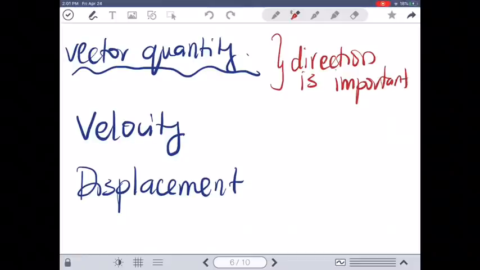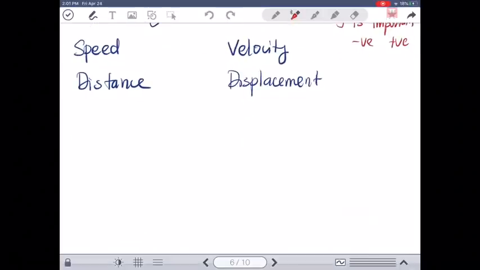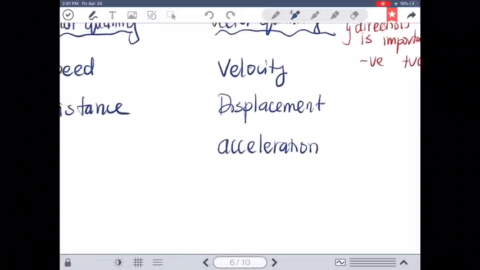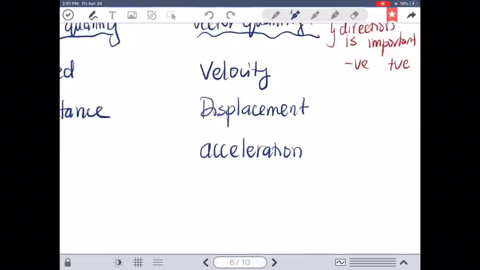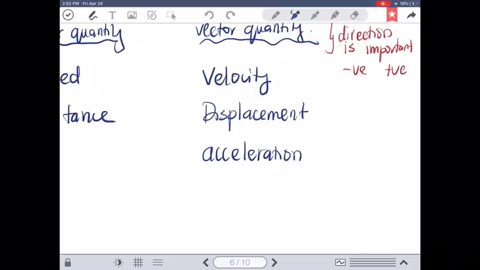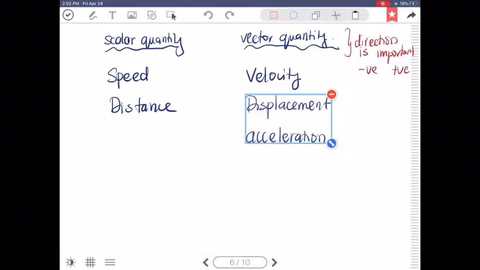Okay, so it means that we have negative and positive values of velocity, displacement, and acceleration. So when we talk about positive and negative value, let's take maybe velocity.